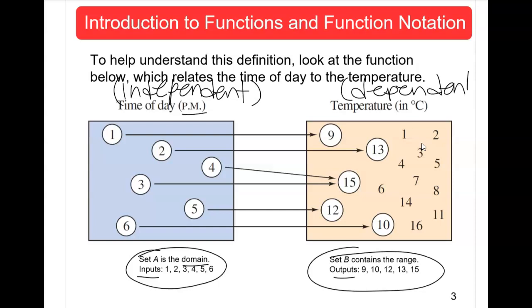And it is because the temperature depends on the time of the day. And so let's see the temperatures now. At 1 p.m. the temperature is 9 degrees Celsius. At 2 p.m. the temperature is 13. At 4 p.m. the temperature is 15. And at 3 p.m. the temperature is also 15. At 5 p.m. it's 12. And at 6 it is 10.